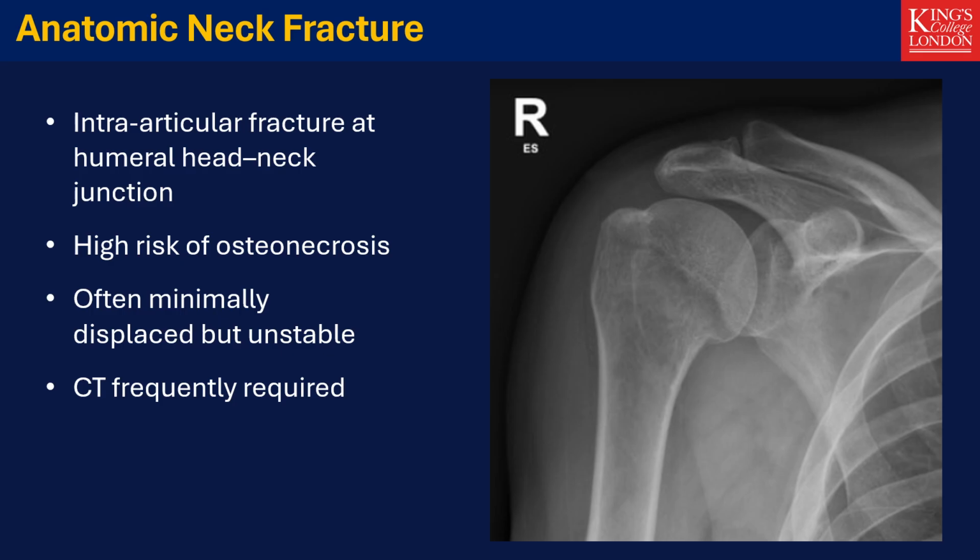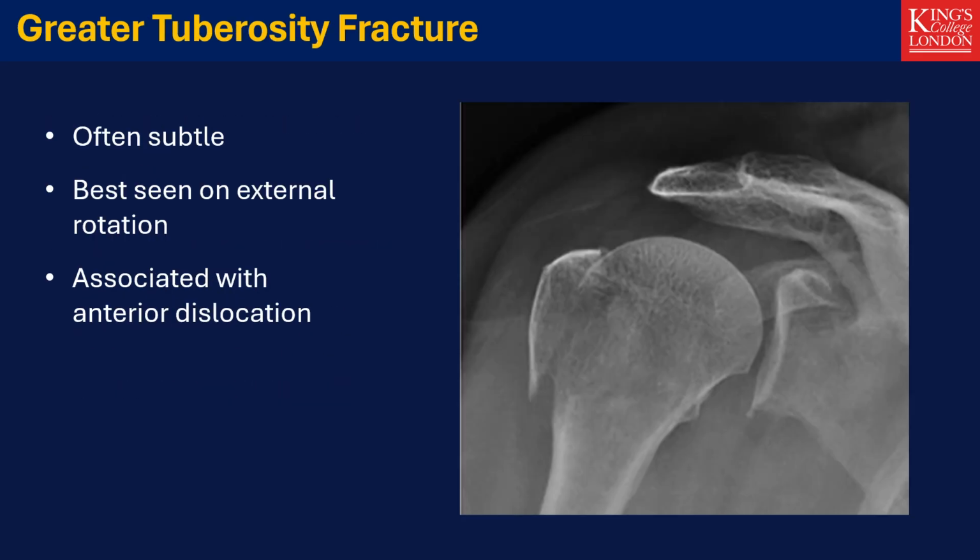Displacement may be minimal, but even small separation is clinically important. Because this fracture is intra-articular, CT is commonly required to assess fragment separation, rotation, and humeral head viability. Greater tuberosity fractures are frequently subtle, especially on neutral or internal rotation views.